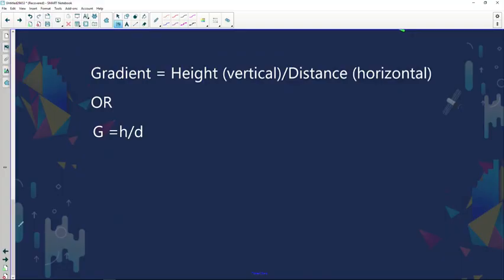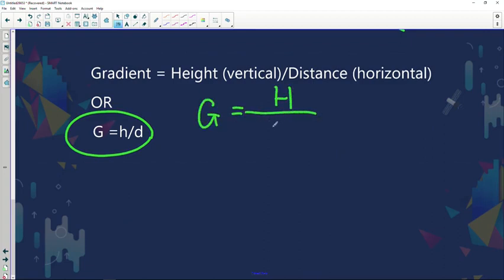Now, I'm quickly going to give you an example regarding gradient and how one goes about calculating it. First of all, there's your definition. Formula: the gradient equals the height and the distance. Now just a tip, how do we express distance with altitude?